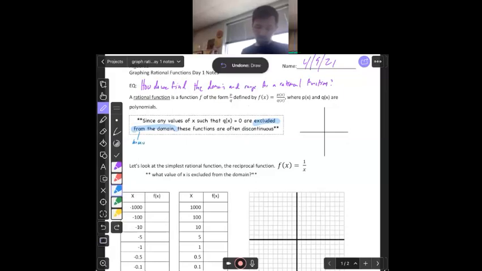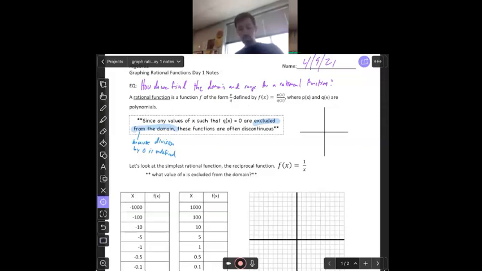When we try to divide by 0, we get something that's undefined. Okay? So we have to say that those values are not allowed because they make up this number that doesn't exist.